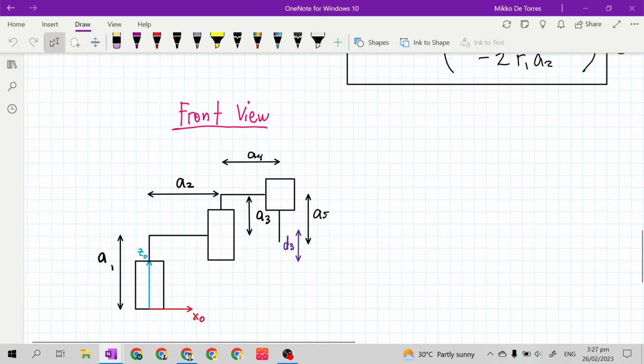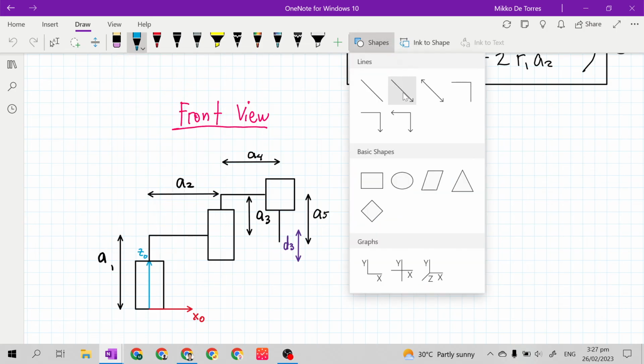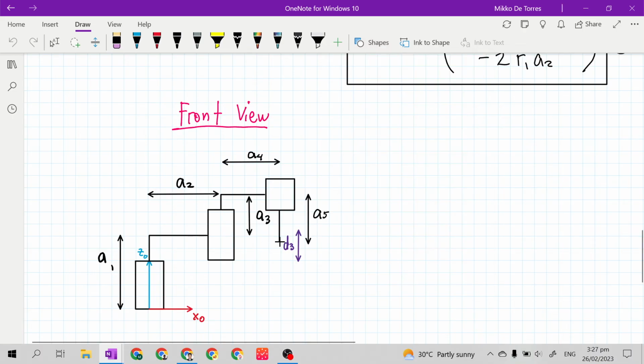Our end effector is pointing downward in the front view, and in this view, we can say that the given element here is the Z03. Whatever Z03 is given.